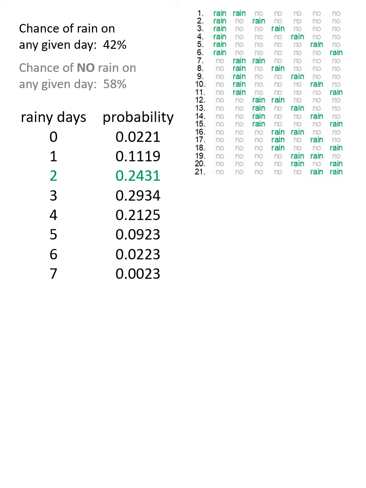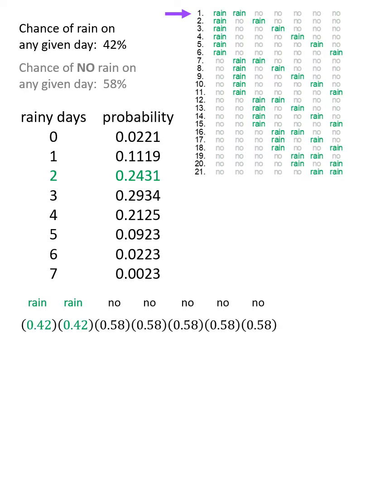But as you can see here, there are 21 ways of getting no rain on 5 of the days and rain on the other 2. So just as I did before, I computed the probability of the top line, and that's specifically rain on Sunday and Monday only. Multiplying all the probabilities of rain and no rain gives me this decimal, which is about 1%.